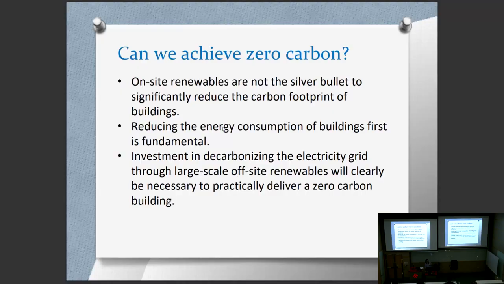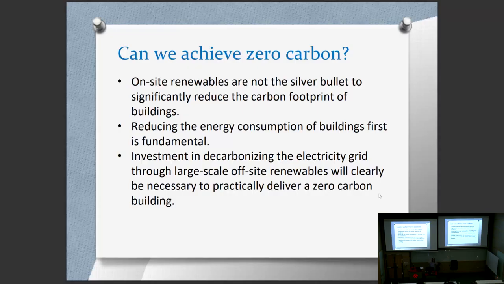So reducing energy consumption of buildings is fundamental. Better energy efficiency of the building services system would be essential, reducing your energy consumption. And investment in decarbonization of the electricity grid through large-scale off-site renewables will clearly be necessary to achieve a zero carbon building.